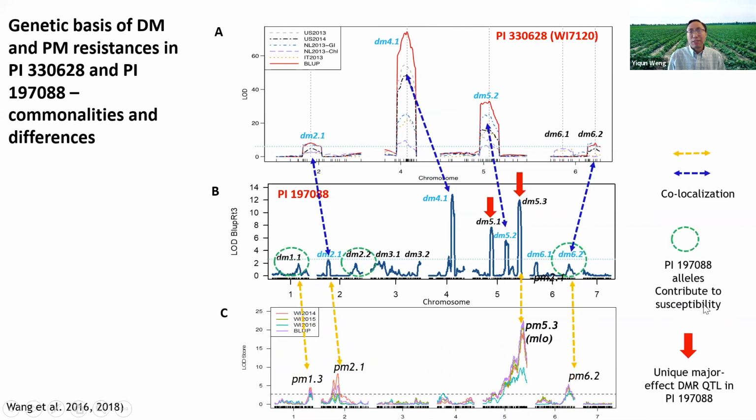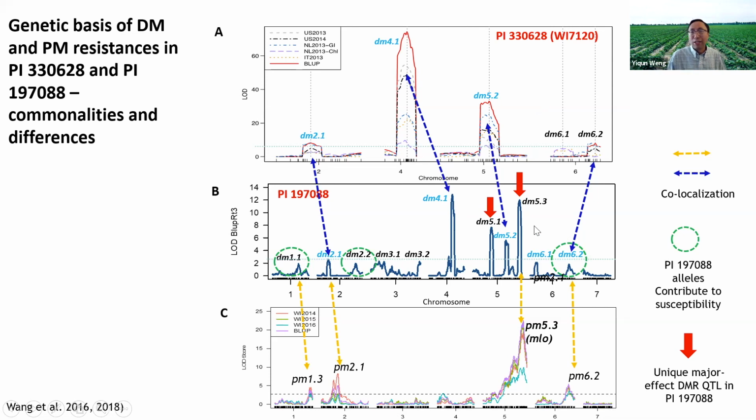It's interesting to see, based on their chromosome locations, all the 4 powdery mildew QTLs are co-localized between the two PI lines, suggesting they may be the same. But of the 11 QTLs in 7088, 3 actually contribute to susceptibility, and there are 2 unique major-effect QTLs in 7088.